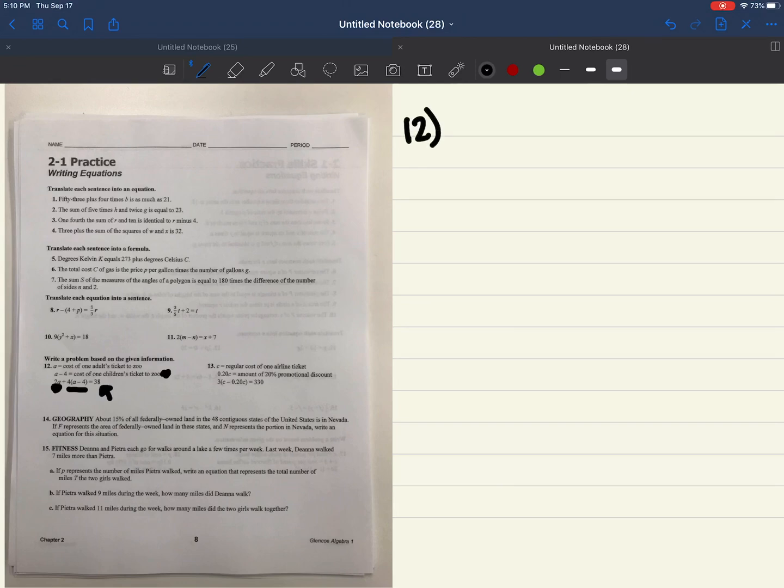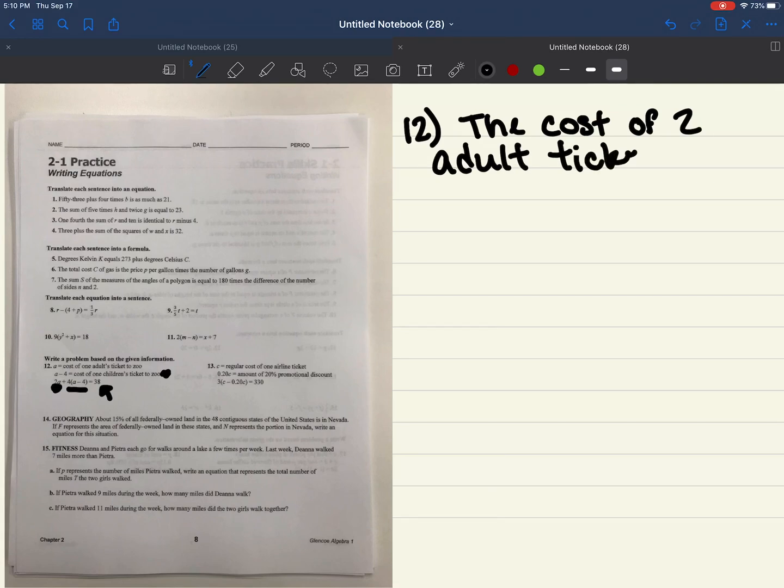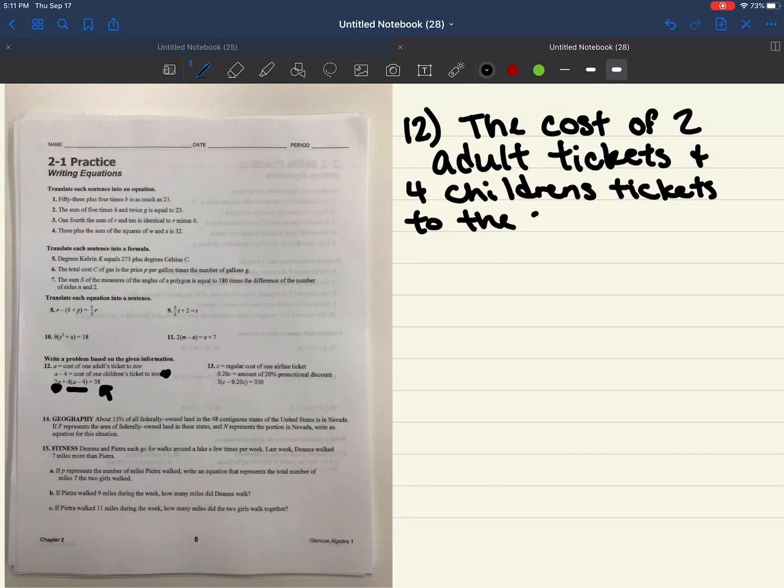Here's what I would say on number 12. I would say the cost of 2 adult tickets and 4 children's tickets to the zoo is $38.